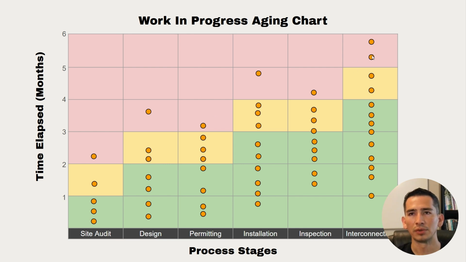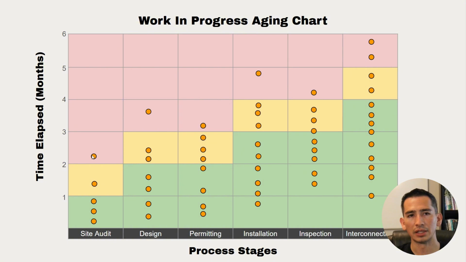Once I've reviewed those projects, I start working my way through the red zone, going towards the left and down. What's especially concerning is if something is really far to the left, but really high up on the vertical axis. This project here in site audit, that's roughly 5 weeks old, is especially concerning because it's already started off on the wrong foot. I want to get this back to healthy.